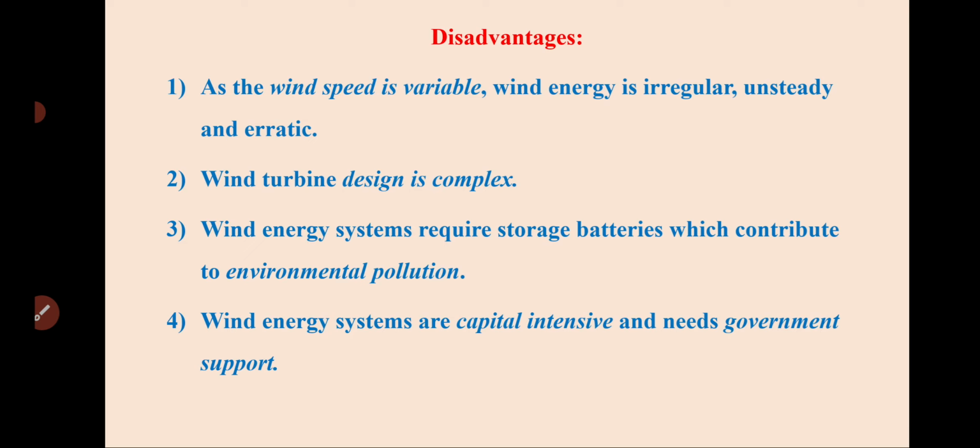Let's move to the disadvantages of WECS, wind energy conversion system. As the wind speed is variable, wind energy is irregular, unsteady, and erratic. I've already discussed this point. Wind speed is variable.